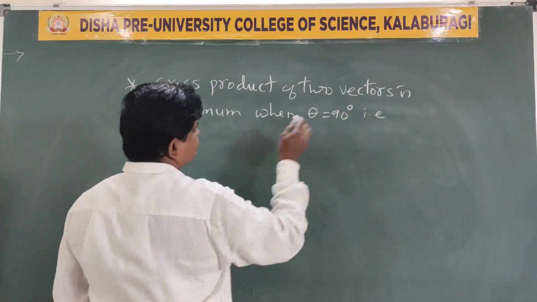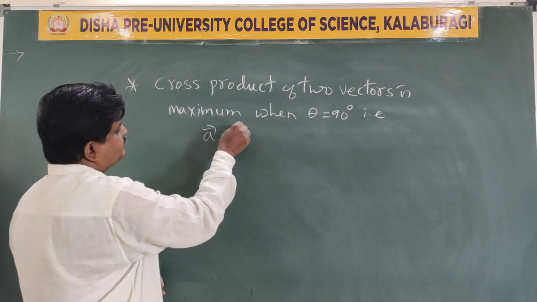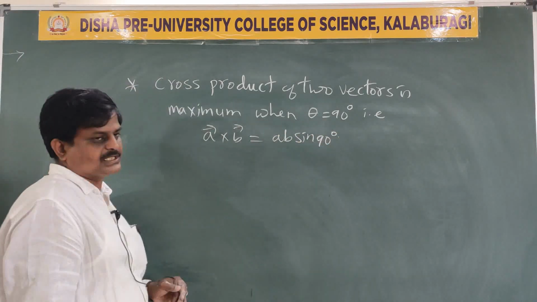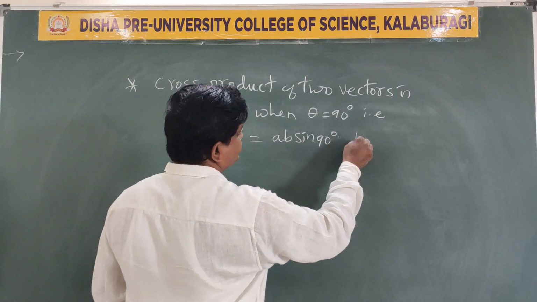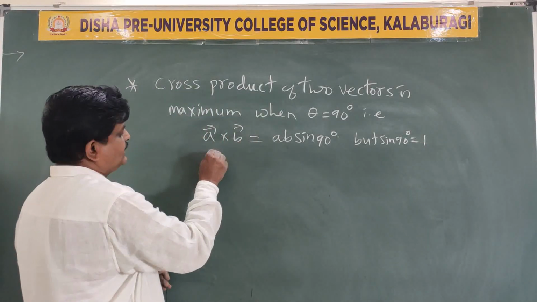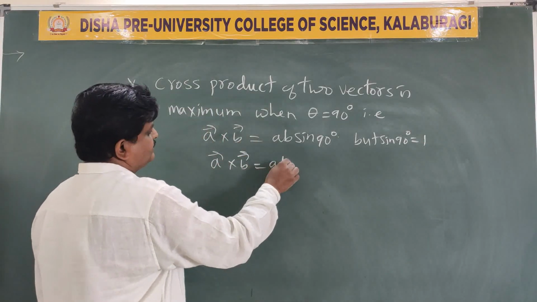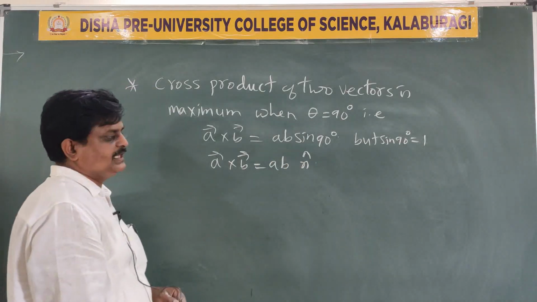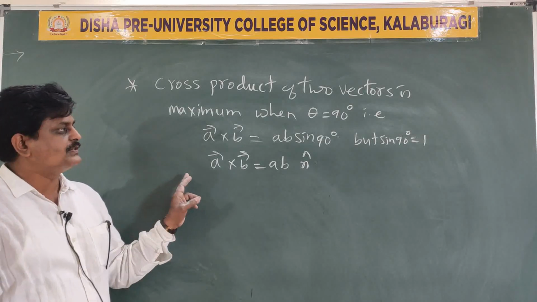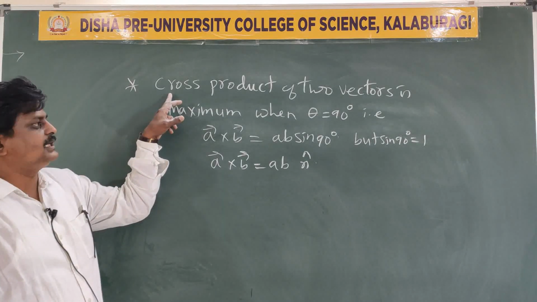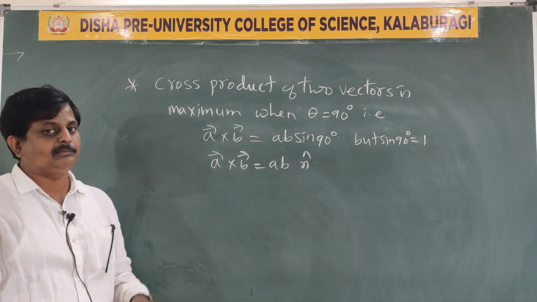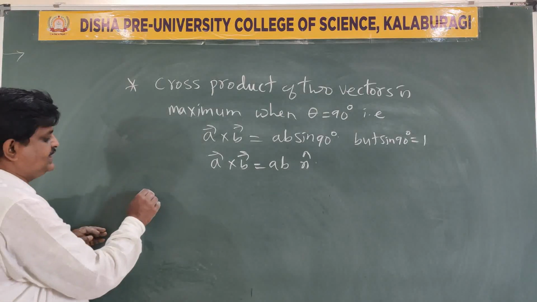That is, A cross B is equal to AB sin 90 degrees. What is sin 90? It is 1. Therefore, A cross B is equal to AB n cap, because it must specify the direction of the product. So the cross product of two vectors is maximum when the vectors are perpendicular, or the angle between them is 90 degrees.